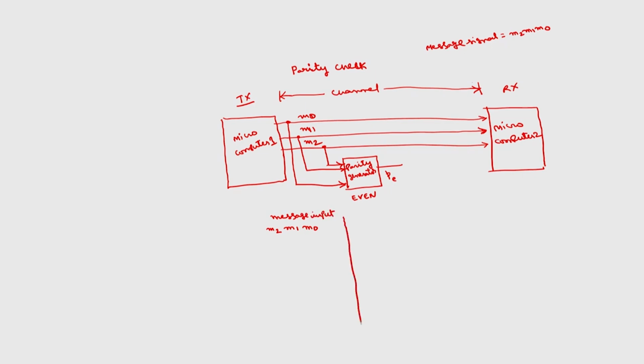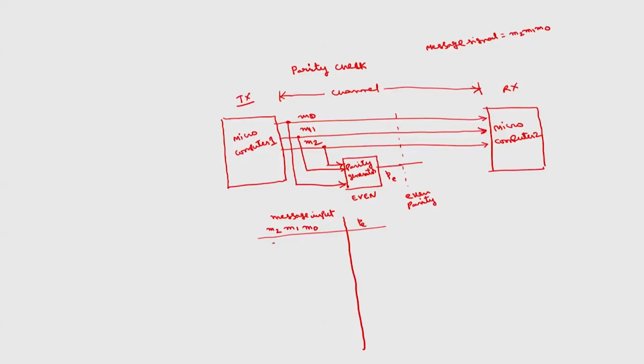The output will be PE if I want to generate even parity. Whatever the combination of M2, M1, M0, I have to generate PE such that these 4 bits, along with PE, have even parity. A number is said to have even parity if it contains an even number of ones.